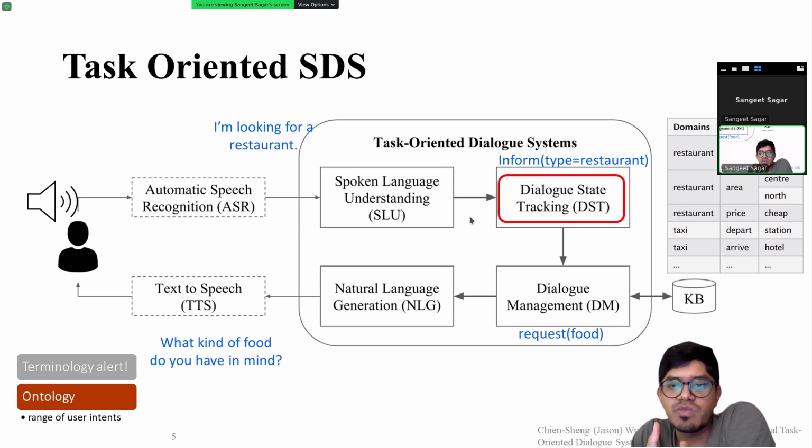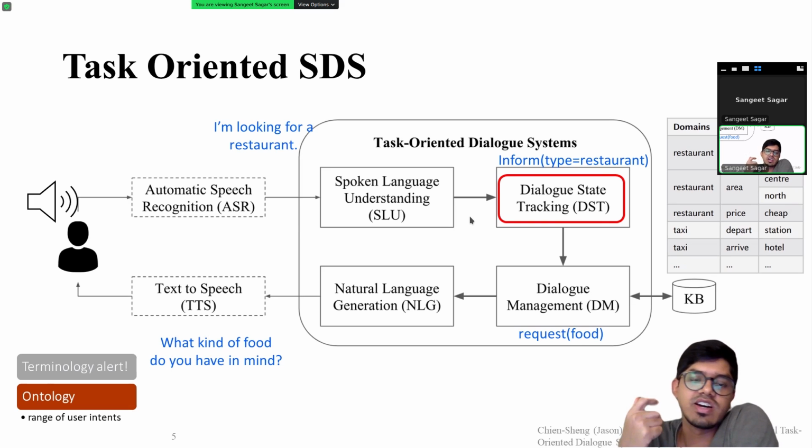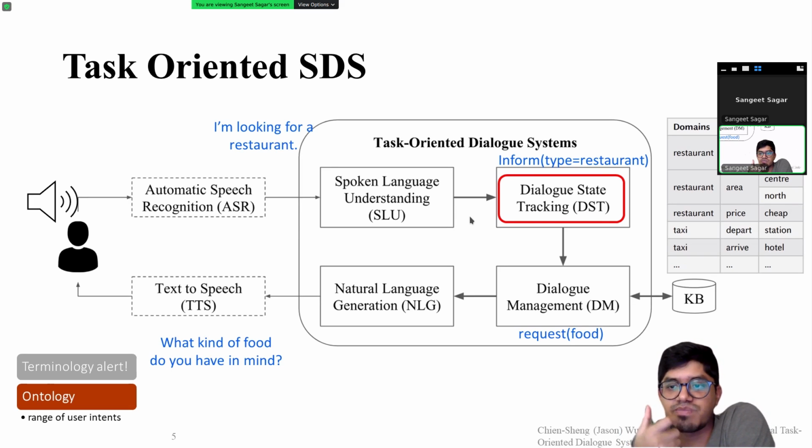Given the restaurant domain, in order to inform the user of a potential restaurant, the system must know the food category, that is either Asian or Italian, by looking at the ontology. It then outputs dialogue actions, which are passed to the NLG module to obtain a natural response, which is then used by the TTS to generate speech. And our talk will be focused on the dialogue state tracking here.